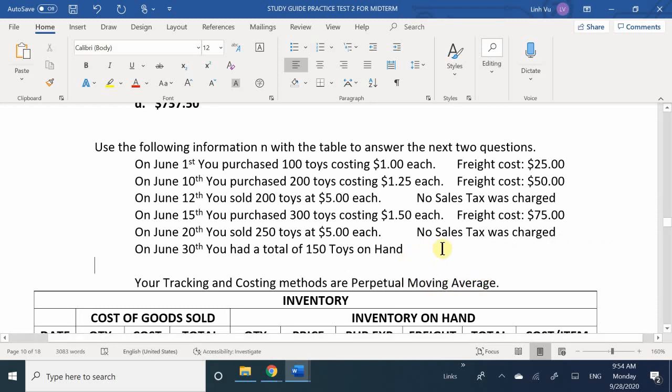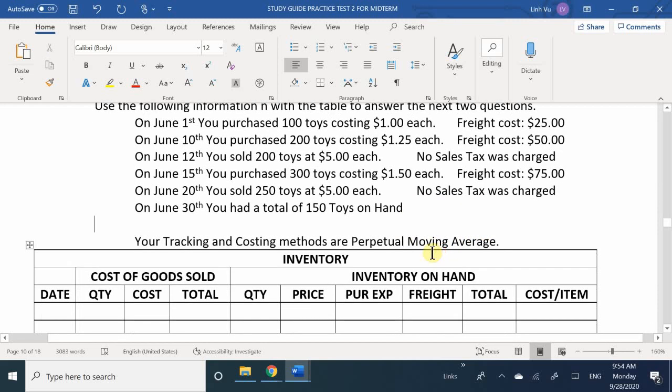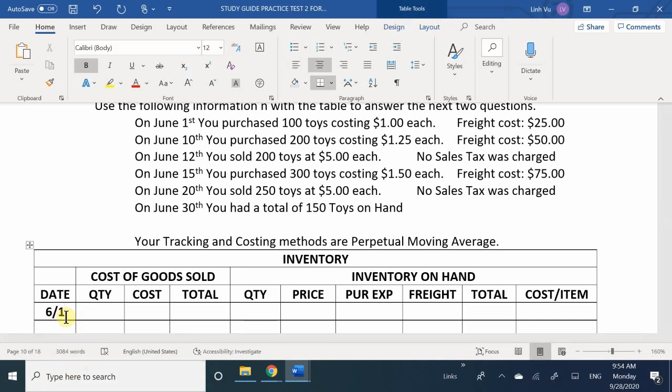Okay, so we need to start from actual square one on this one because now we're dealing with a moving average. So in this case, what happened on June 1st? Purchase 100 at $1 each with $25 trade cost. Total of 100.